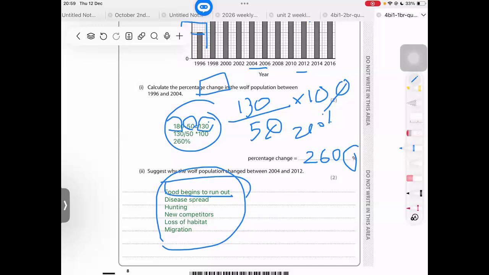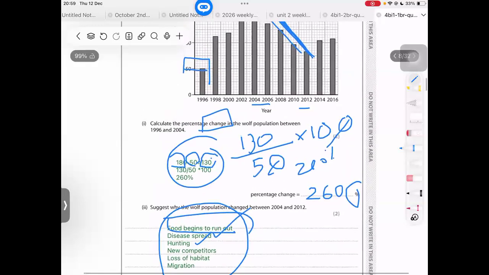As a result, they decreased, and only the adapted ones were able to survive from that disease. Also, hunting might have increased during that period. Don't just write hunting; better to write that hunting might have increased from 2004 to 2012 as a reason.